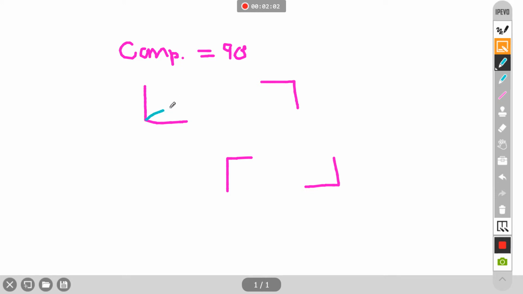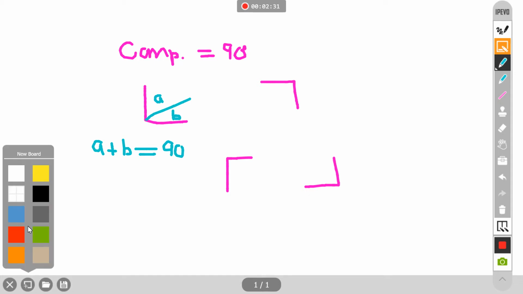So maybe I have another little line going through it, and this angle is angle A, and this angle here is angle B. If you take angle A and add it with angle B, it's going to be equal to 90 degrees. Okay, so that's the idea of our complementary angle relationships.